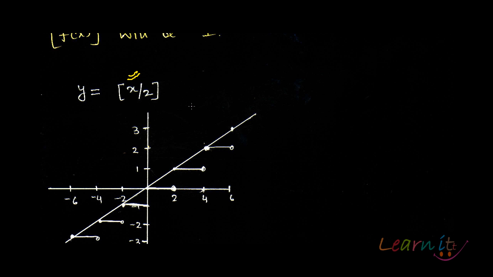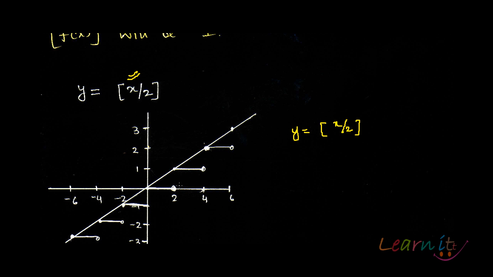It is a straight line. When x is 2, y is 1, when x is 4, y is 2, and so on and so forth. So what will be the graph for y equals greatest integer function x by 2?